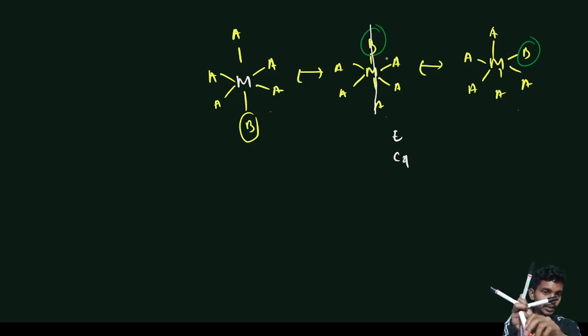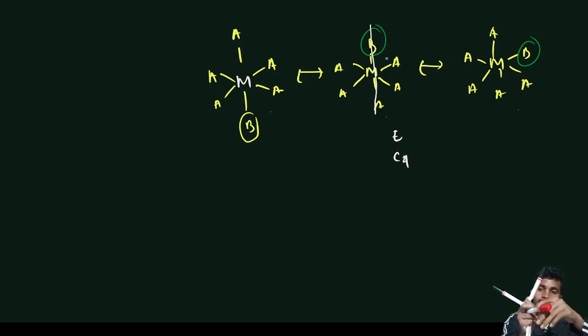And now is the C2 axis present or not? So you're looking like this, the C4 atom is there, and this is different, this is different, and another is the same. The backside is also the same. Then if I rotate by C4, all of these will exchange. So C4 is there, and is C2 there or not?